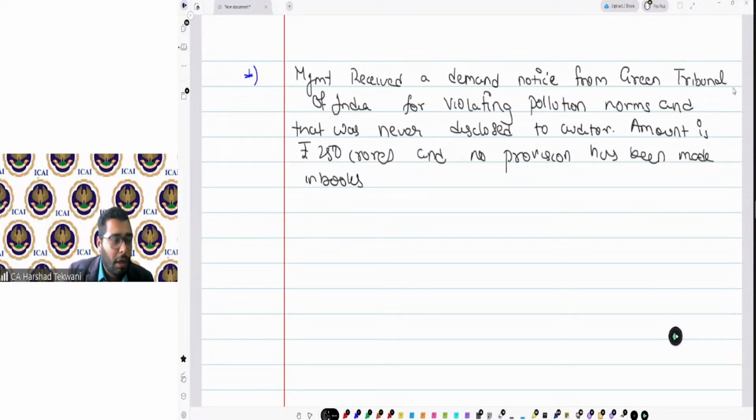Third, let's say total sales for the year are rupees 200 crores.